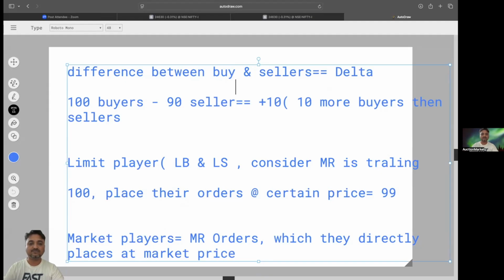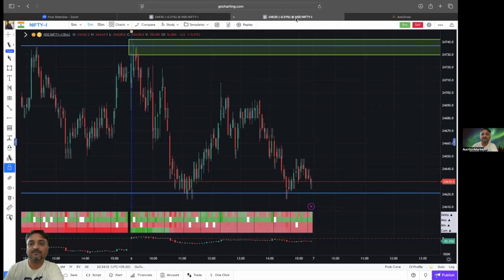So what market price have we defined here? The market price was 100 rupees. So whatever price you trigger, it gets triggered at 100 rupees, and the order gets executed successfully. So this is the basic difference between a limit buyer and a market order. Hope you guys are clear till now.